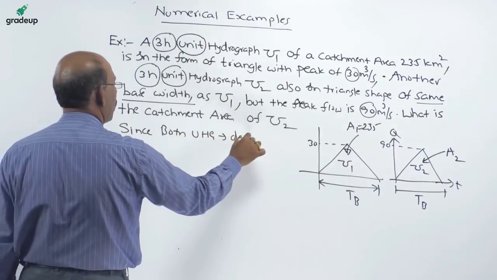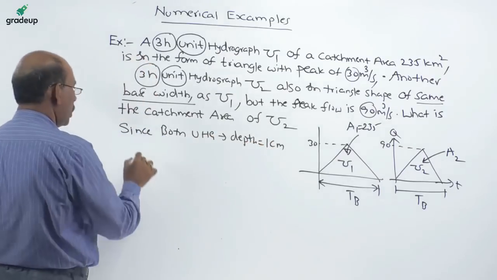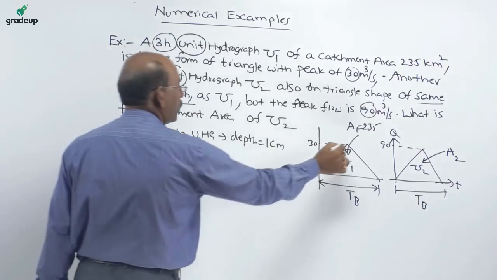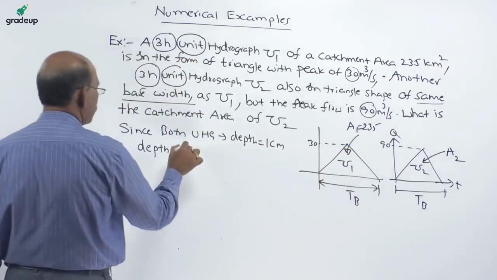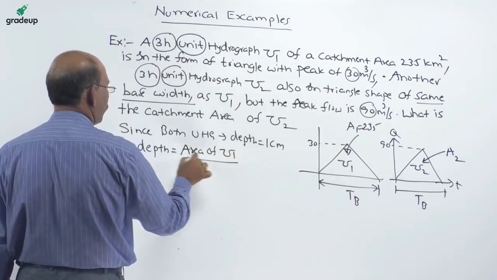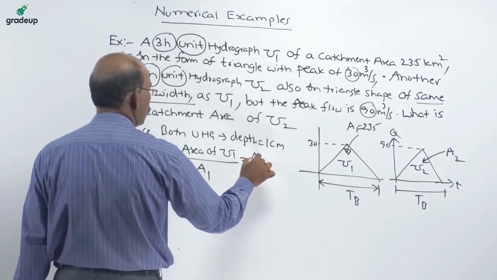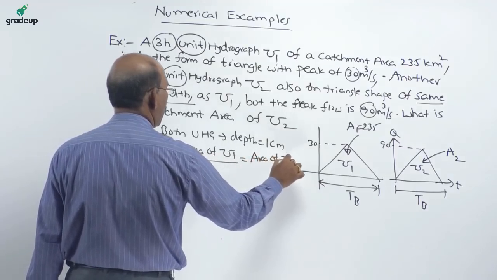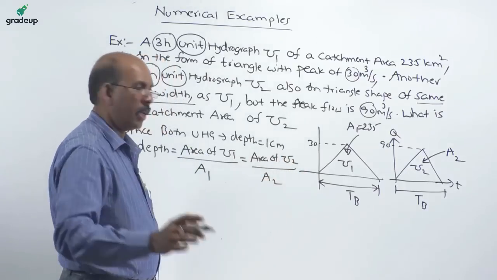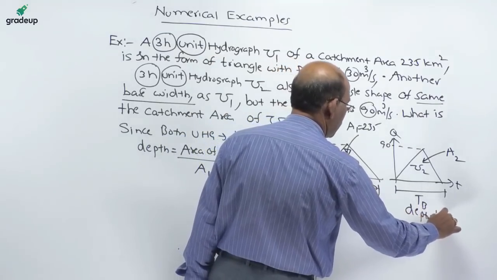Since both are unit hydrographs, by definition the depth is equal to 1 centimeter. So, the depth is equal to the area of the U1 unit hydrograph divided by catchment area A1, which is equal to the area of U2 divided by A2, because here also the depth is 1 centimeter.